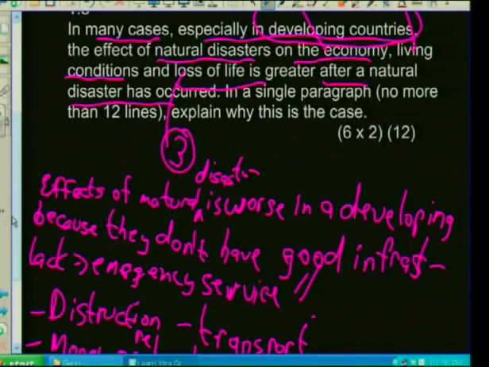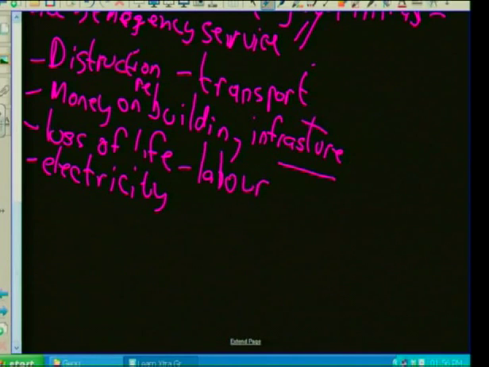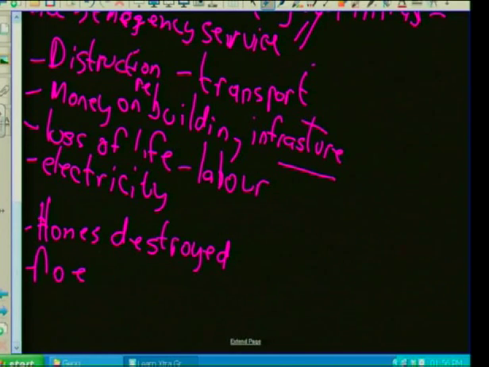It talks about after a natural storm has occurred. It affects the living conditions, and here under living conditions we could talk about homes destroyed. We can talk about no electricity.